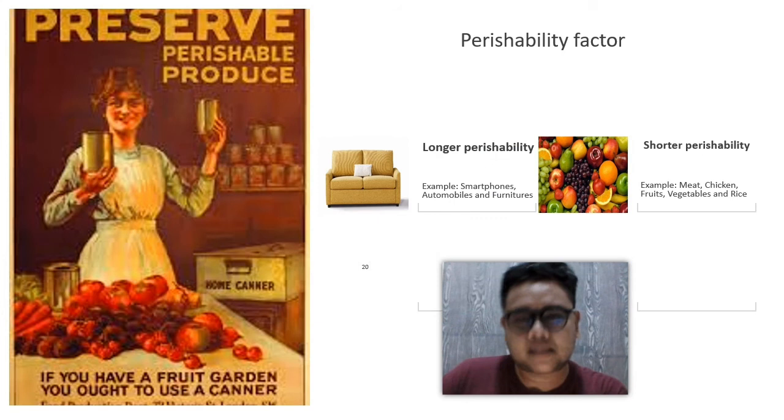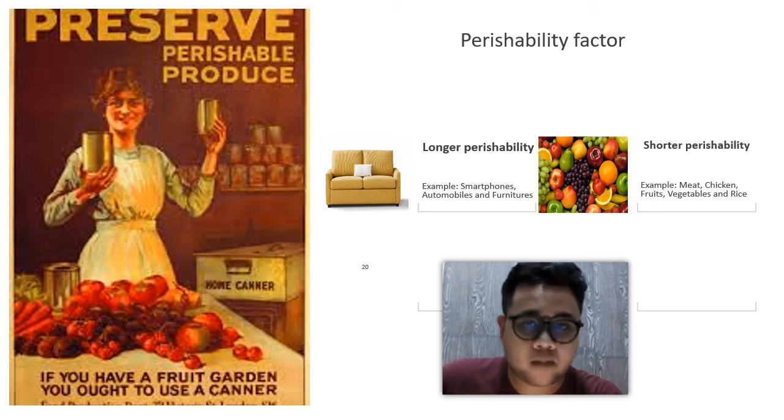Next is the perishability factor. For this factor, we have to take a look at the longer perishability and also shorter perishability. The agriculture sector has shorter perishability because the production usually has some products that cannot be held for a long time, like chicken, meats, vegetables and also fruits.